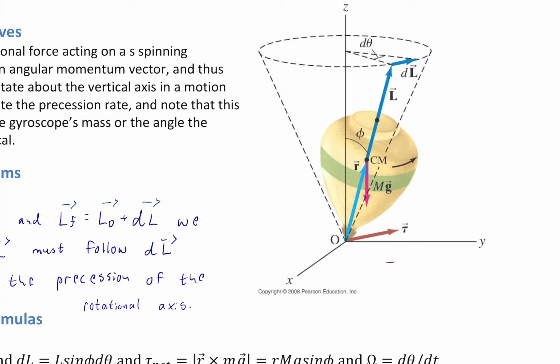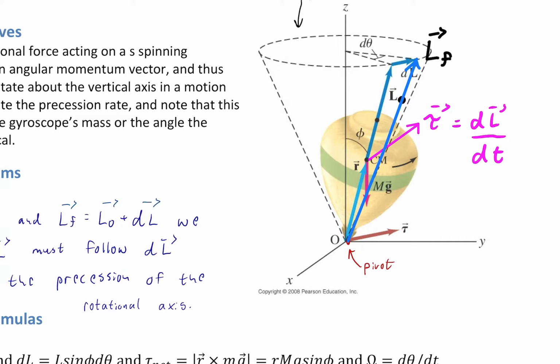So that means that the new final angular momentum must follow the change in angular momentum. So after some small amount of time, the angular momentum vector that used to be parallel to the axis of rotation is now over here.